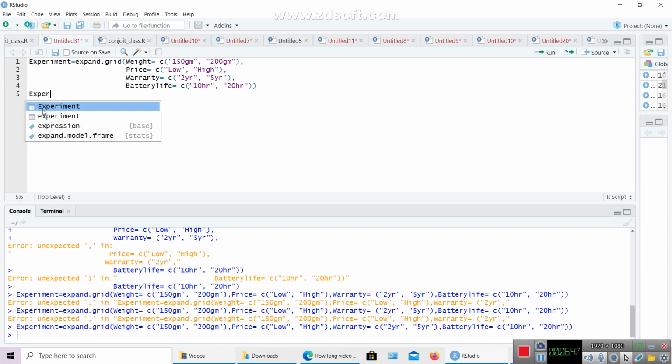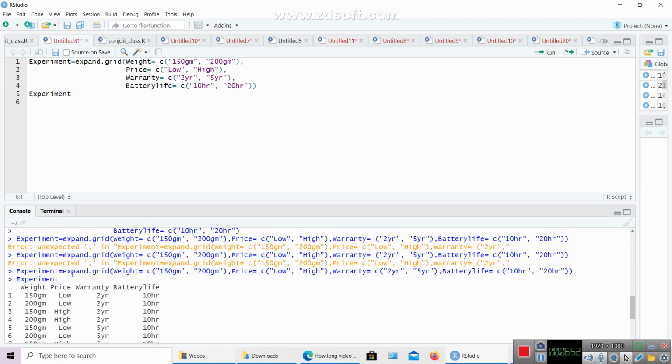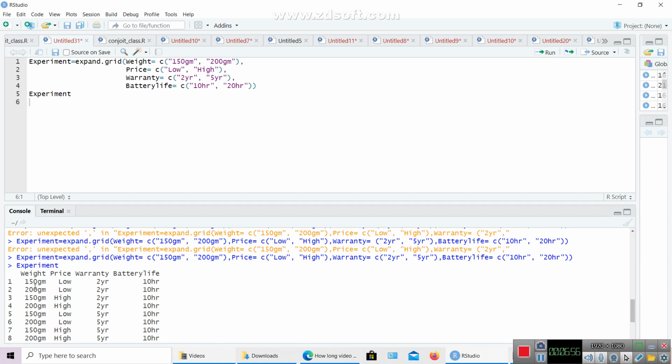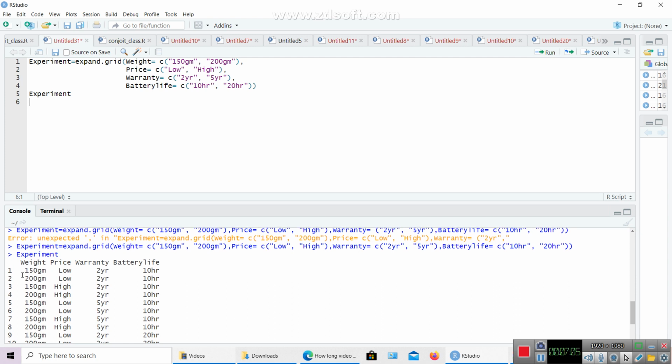Now if I want to look at this object, what is this? This experiment gives me different profiles of the levels based on the attributes. For example, in the first profile, I have 150 gram, low price, 2 year, and 10-hour battery life. The second profile, I have 200 gram weight category, low price, 2 year warranty, and 10 hours battery life.